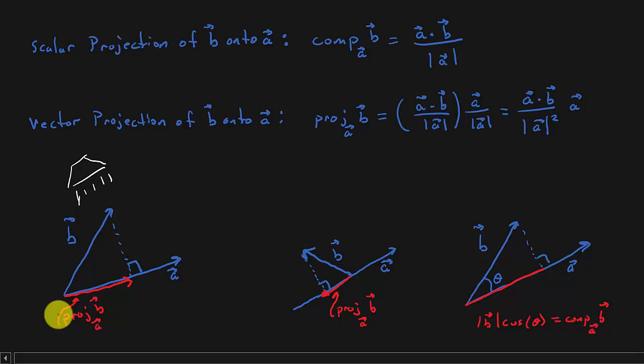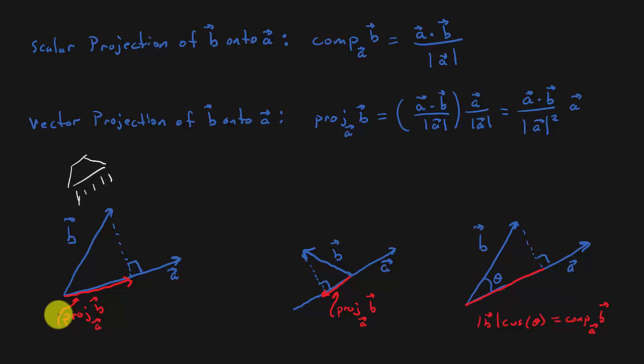And the scalar projection of B onto A also can be called the component of B along A. That's defined to be the magnitude of the vector projection.